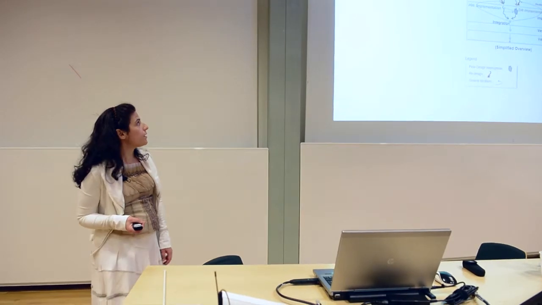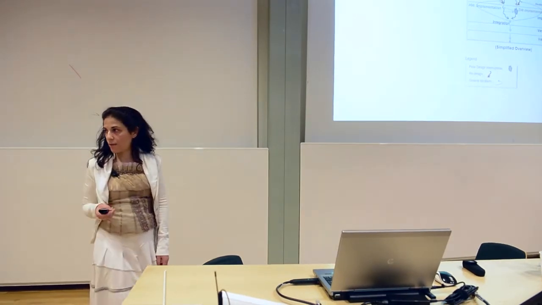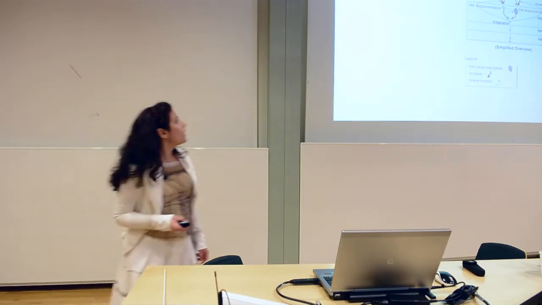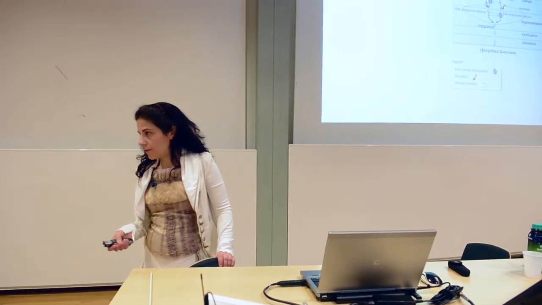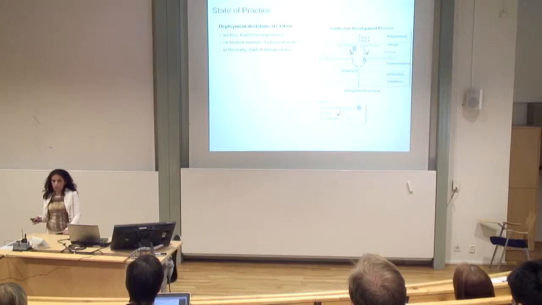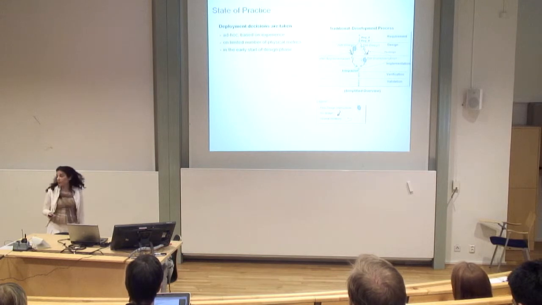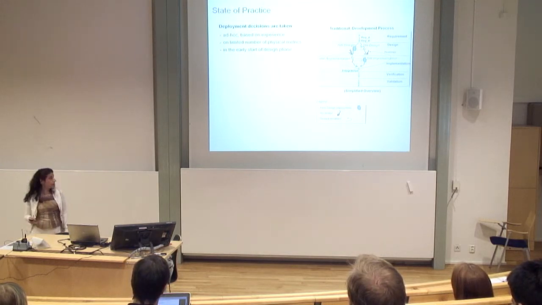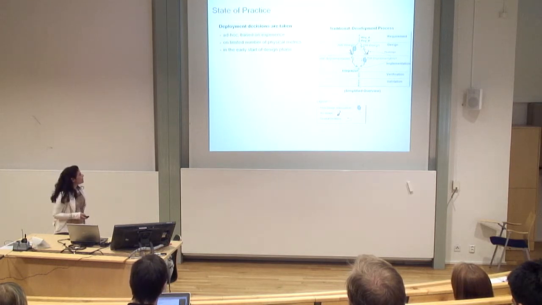This deployment decision, partitioning decision, is basically taken ad hoc and based on experience that the software and hardware teams have. It is also based on a limited number of physical metrics, for instance, on performance, on power consumption, on physical memory size, and so forth. And also, it is taken in an early stage of the design when not all of the information is mature enough, where we are dealing with imprecise or imperfect information.